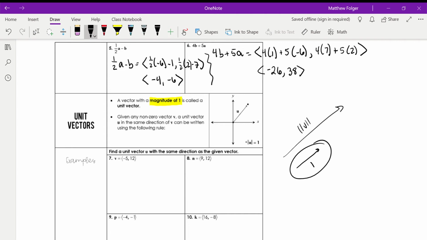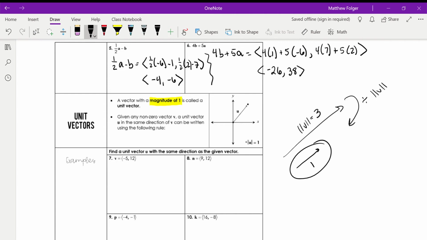Now, think about how we'd find a unit vector. Let's think about this first vector. Let's say that this has a magnitude of 3. What would I have to do with this vector to make the unit vector? You divide by the magnitude, right? If you divide by the magnitude, then you can make it have a magnitude of 1.